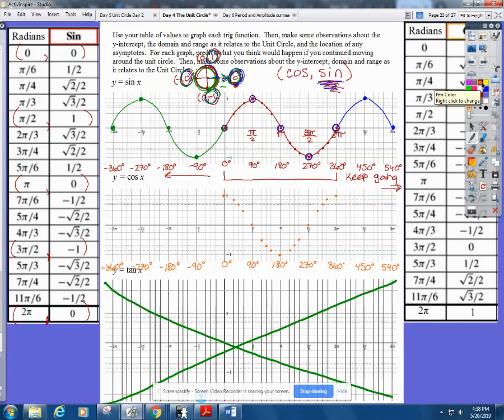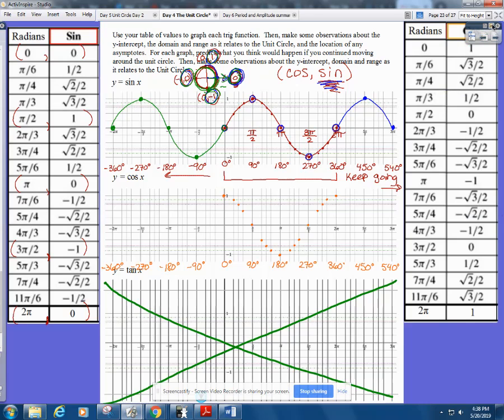So let's look at cosine. Now we'd be looking at the values from this table. So cosine, those are the x values. So I'm going to sketch another circle here. For cosine, if we were looking at the unit circle and we start here, that's the point 1, 0, and then at 90 degrees we'd be at the point 0, 1, and then 90 more degrees, we'd go to negative 1, 0, and then the point 0, negative 1.